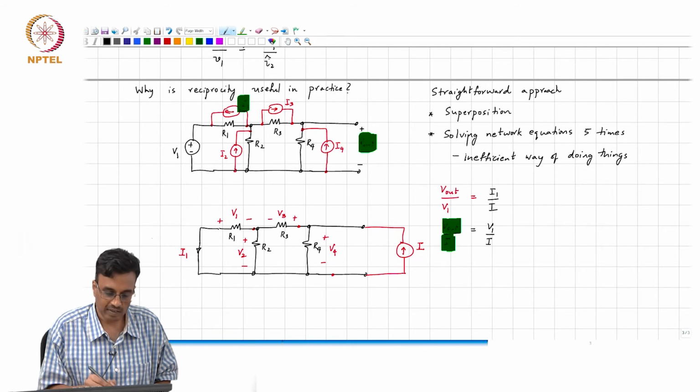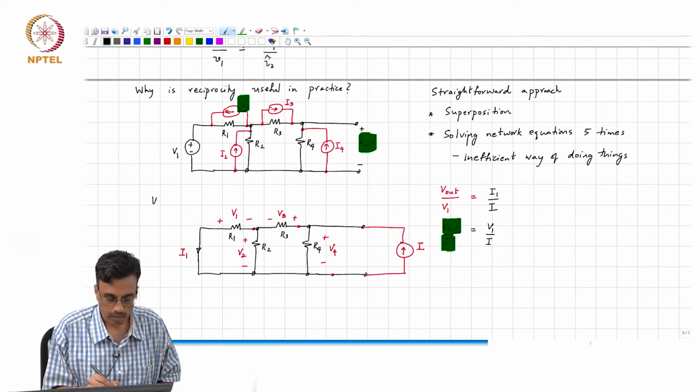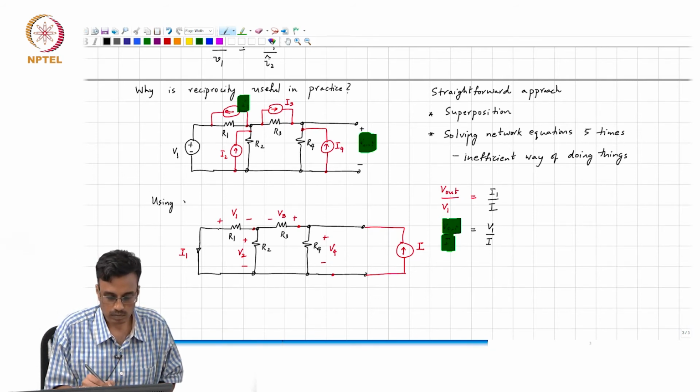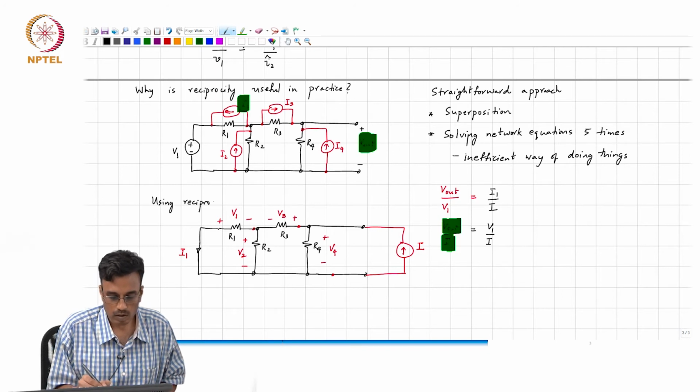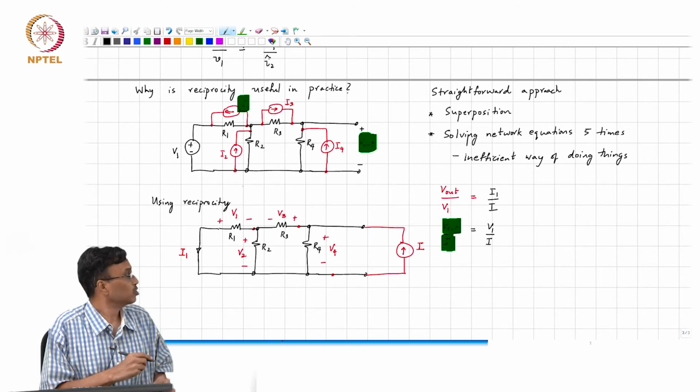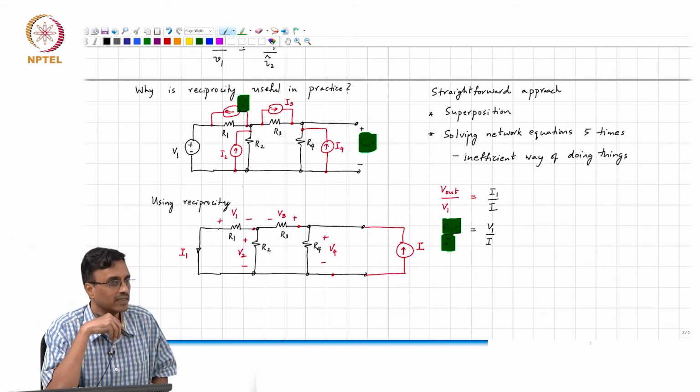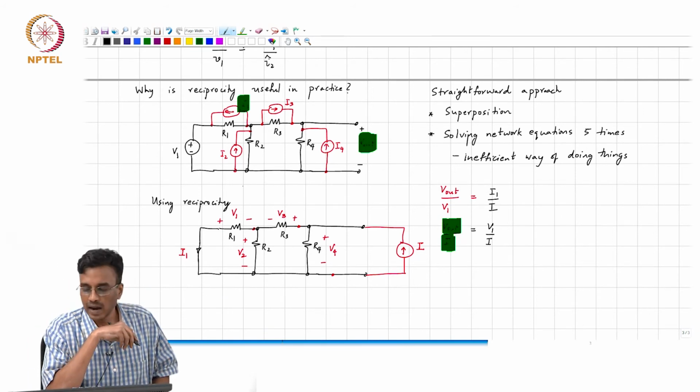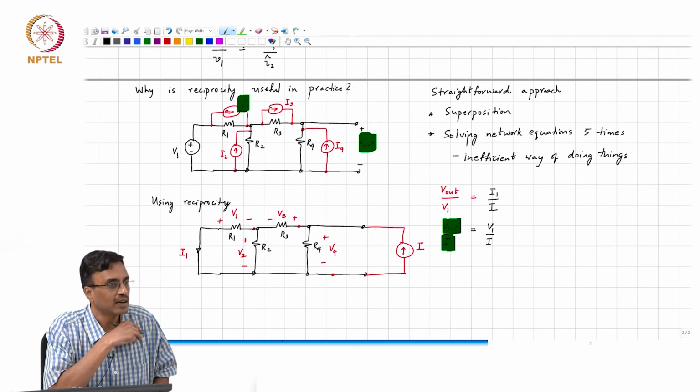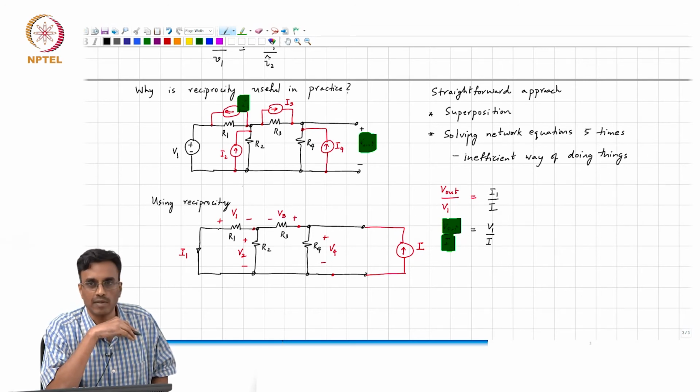So, why is this a much smarter way of doing things? You solve the network only once, correct, and in one shot you are able to get all the transfer functions that you are after.